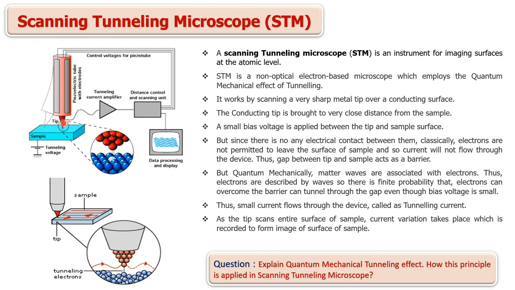This is the tip, called the conducting tip. It has a sharp tip, and it is connected to this probe. This probe is used to move the tip over the entire surface of the specimen, so that the entire surface will be scanned. Whatever current is produced here is very small, so that current is amplified by the current amplifier.